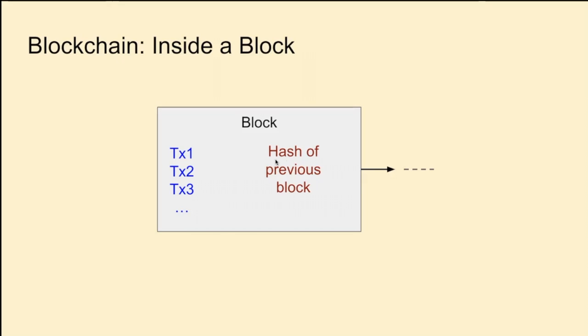And again, this relies very much on the fact that cryptographic hashes are very sensitive to even small changes in information, and that they don't give you information about the actual contents of that previous block. So yeah, that's the interior structure of a block.